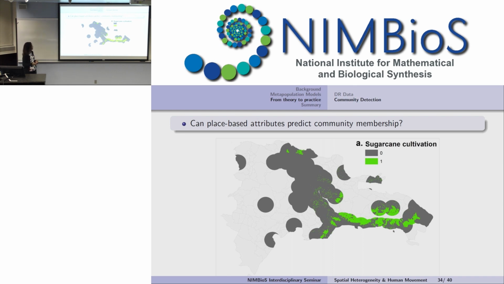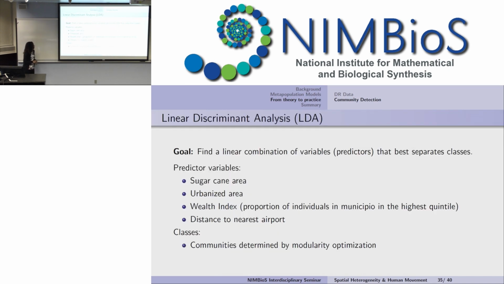And we did something similar for urbanization. So our predictor variables are sugarcane area, urbanized area. For the wealth index, we looked at which municipio each of the towers was in, and then assigned the wealth index of that municipio to that tower. And we looked at distance to nearest airport.